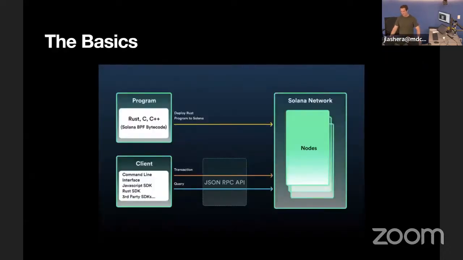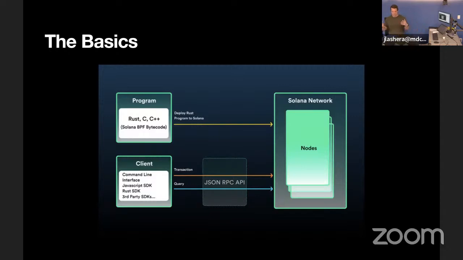So let's jump in. This is a simple diagram of how Solana works at a high level. You've got programs, which are typically written in Rust, that you deploy to the network. And then you interact with those programs and accounts through what's called the JSON RPC API.